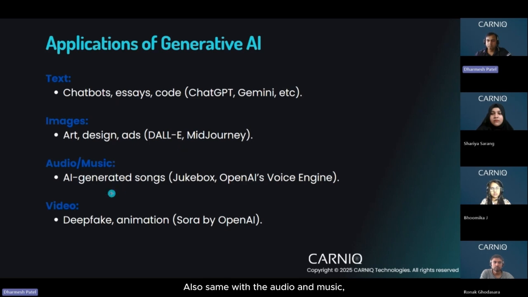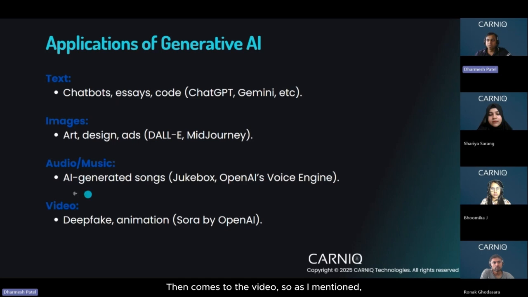It's the same with audio and music. AI-generated songs can already be seen on the internet. Many people generate songs using AI with other people's voices and different covers. OpenAI's Voice Engine is one example.